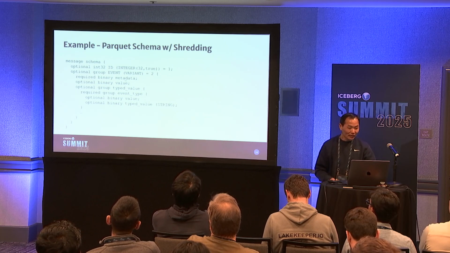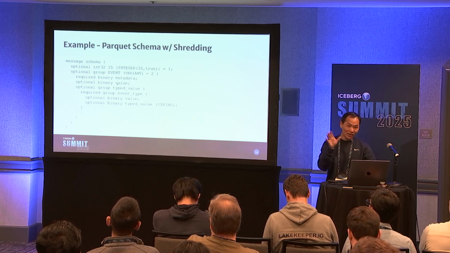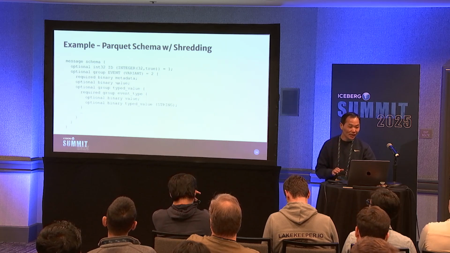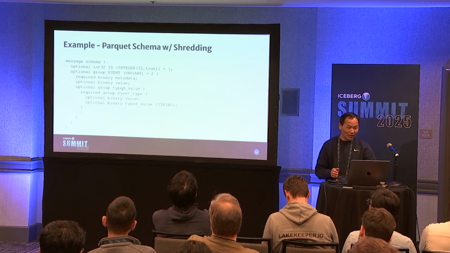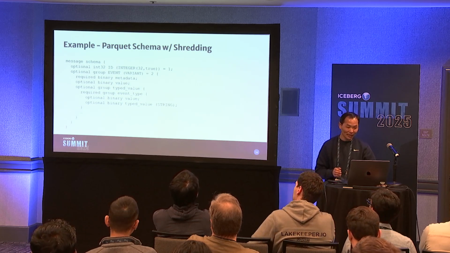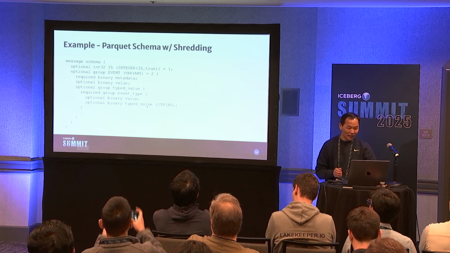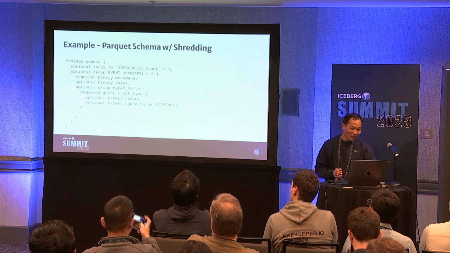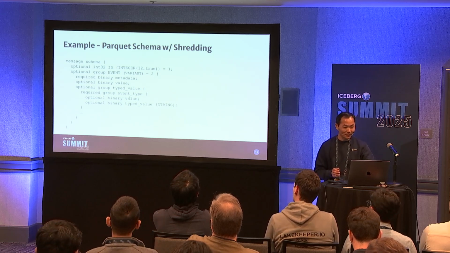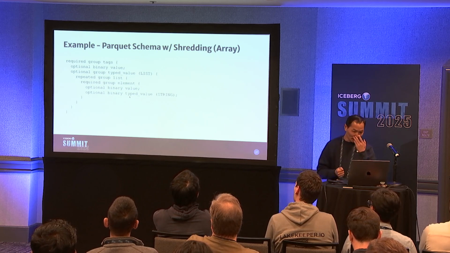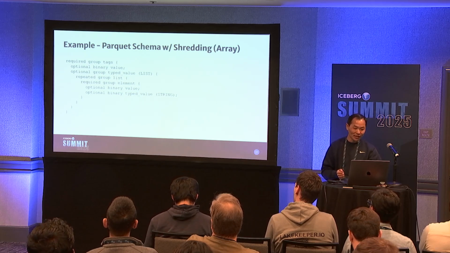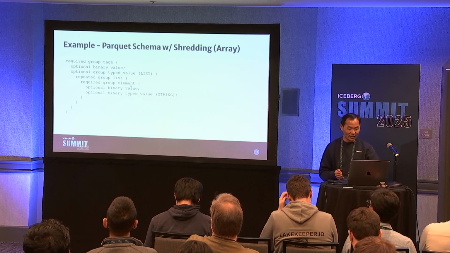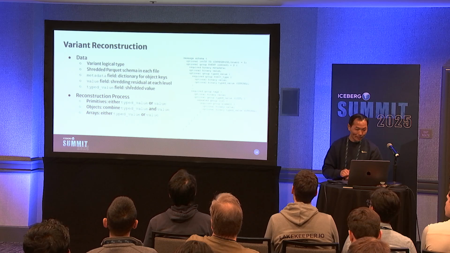Remaining, if we cannot encode some fields, they're going to be in this value field. It's called the untyped value field. But if it's typed, then it's going to be encoded here, in event type. So this is to encode a string. Now, if it's an int, it's going to be encoded in this value. Similarly for array, it's a little bit more complex, but we are encoding with a list schema.